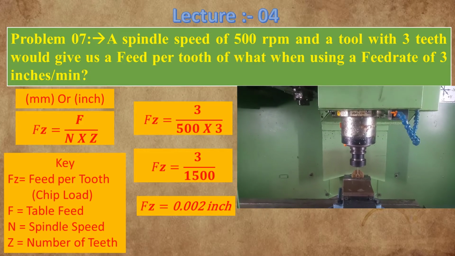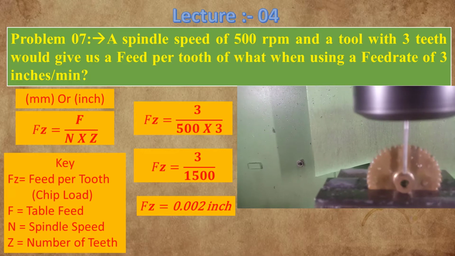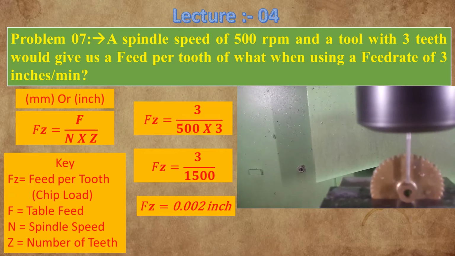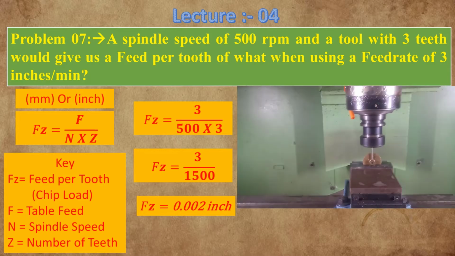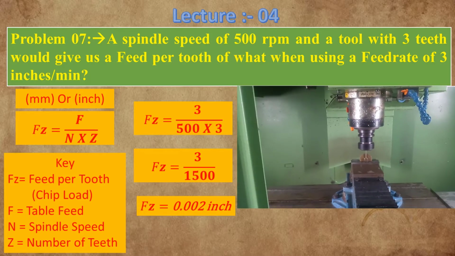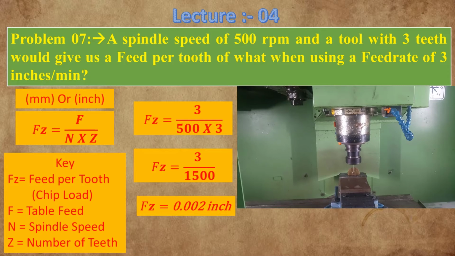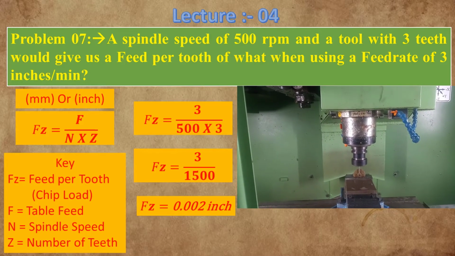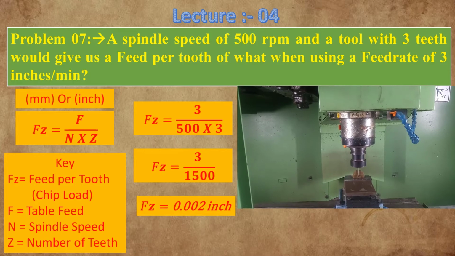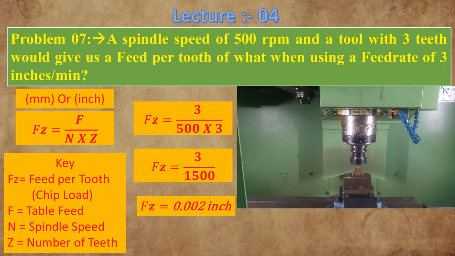So if we are using an end mill with 3 teeth, we would use 3 as the number of teeth. Okay, so now we just need to do this equation. So 500 times 3 is 1500, and that would be our feed per tooth. 3 divided by 1500 would equal 0.002 inch of material that is removed each time the teeth engage with the material.